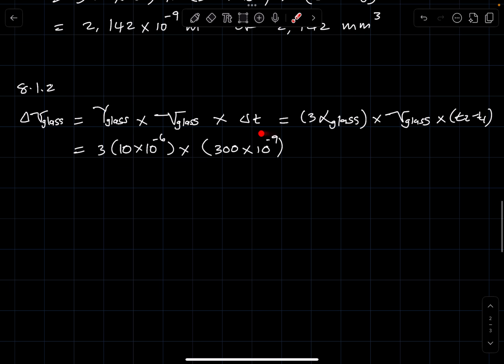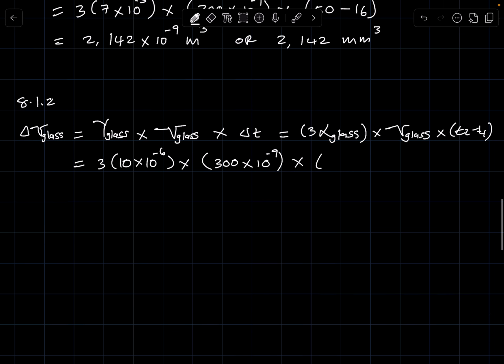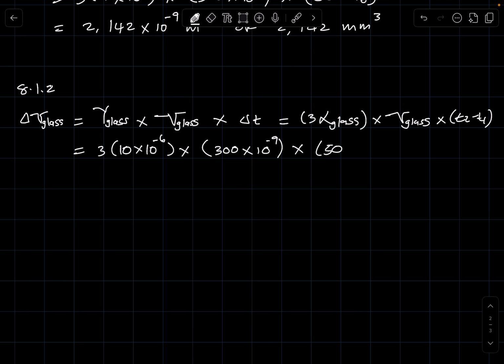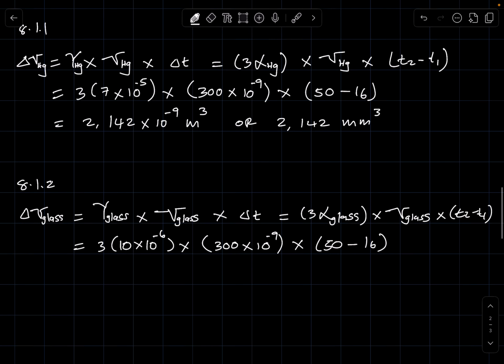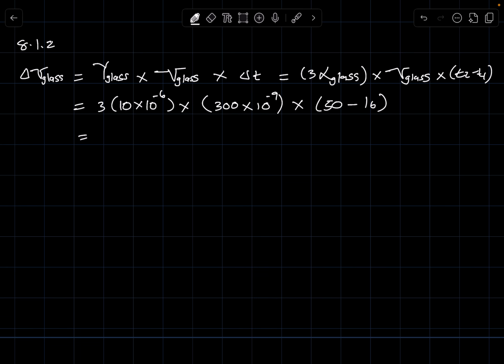Times the change in temperature: T2 is still 50, T1 is still 16. Now we calculate: 3 times 10 times 10 to the negative 6 times 300 times 10 to the negative 9 times 50 minus 16.